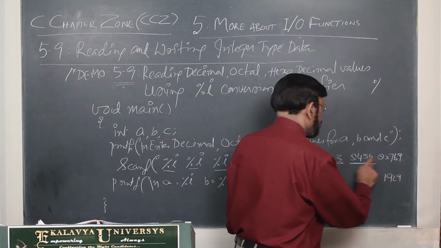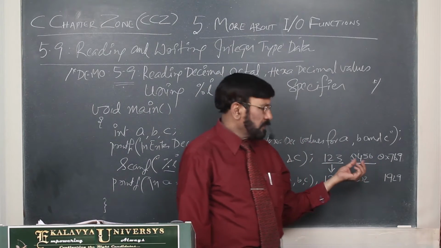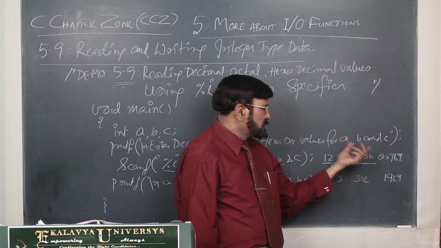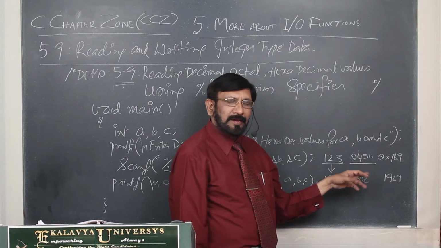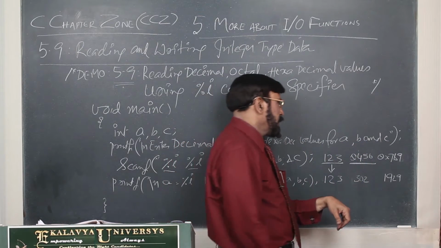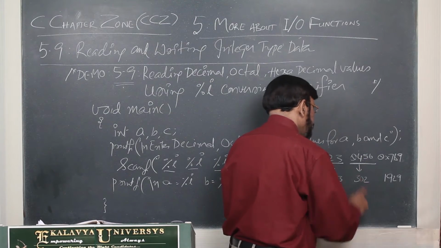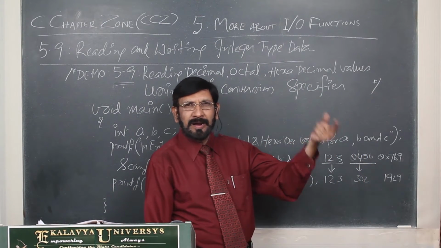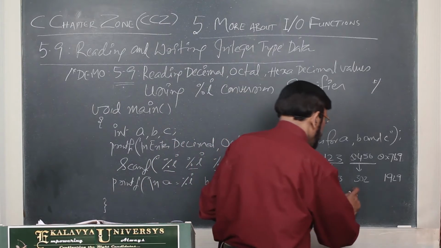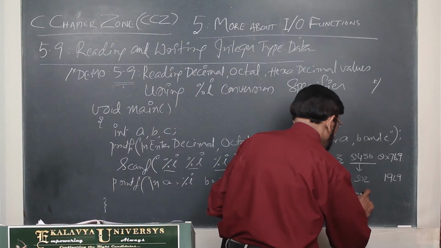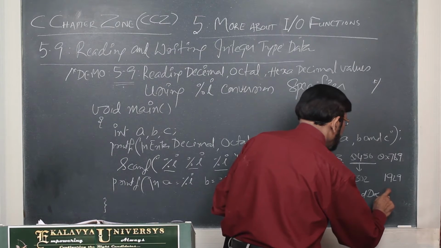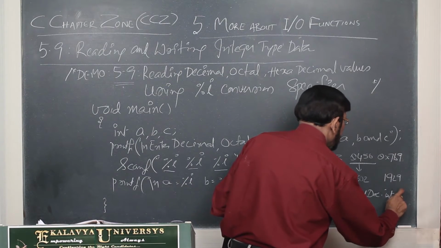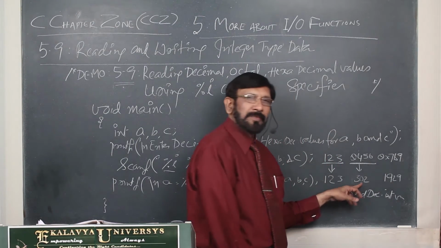Now you see this is an octal value, 0456. The corresponding and equivalent signed decimal integer value is printed, not this.